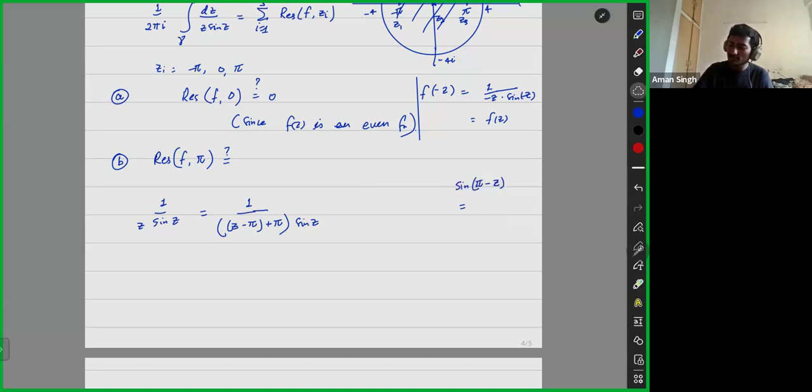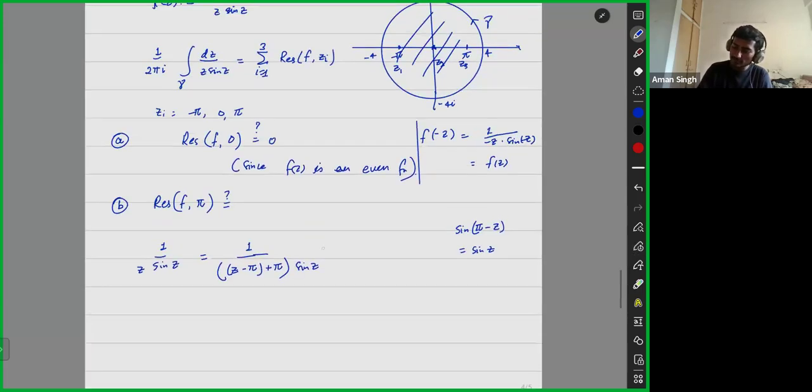I was doing some basic calculation. This is sine z only. So sine of z minus pi is minus of sine z, so there will be one minus sign. So we can write minus 1 by, we can take pi common, then it will become 1 plus (z minus pi) divided by pi, into sine of z minus pi, something like this.